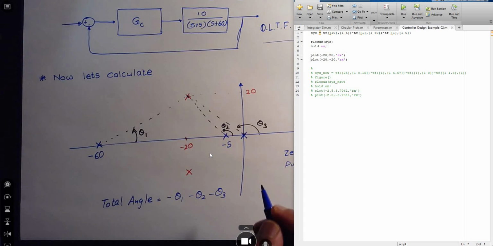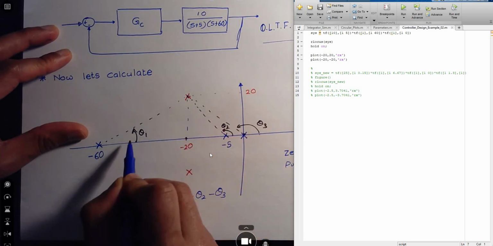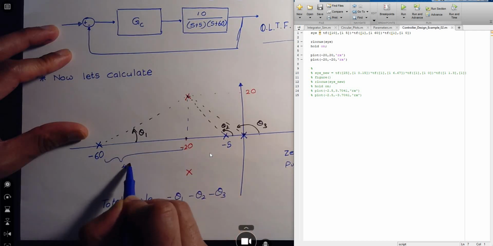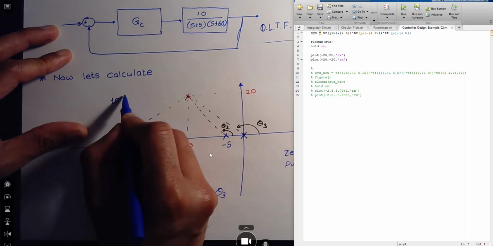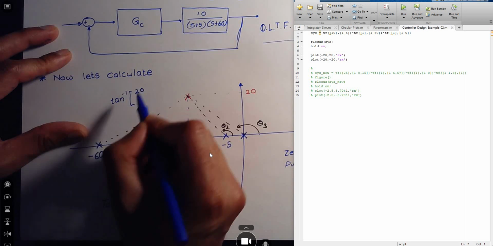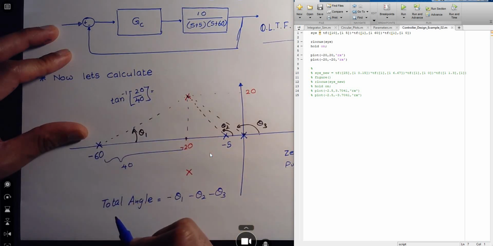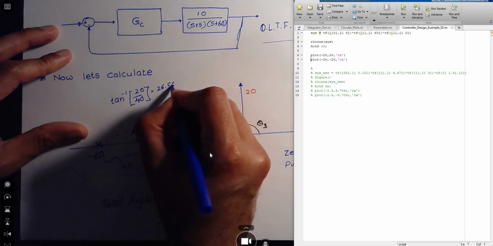Then how do we find these values? In order to find theta 1, we know this is 40, we know this is 20, right? So that angle is tan inverse 20 over 40. So this is around 26.56 degrees.